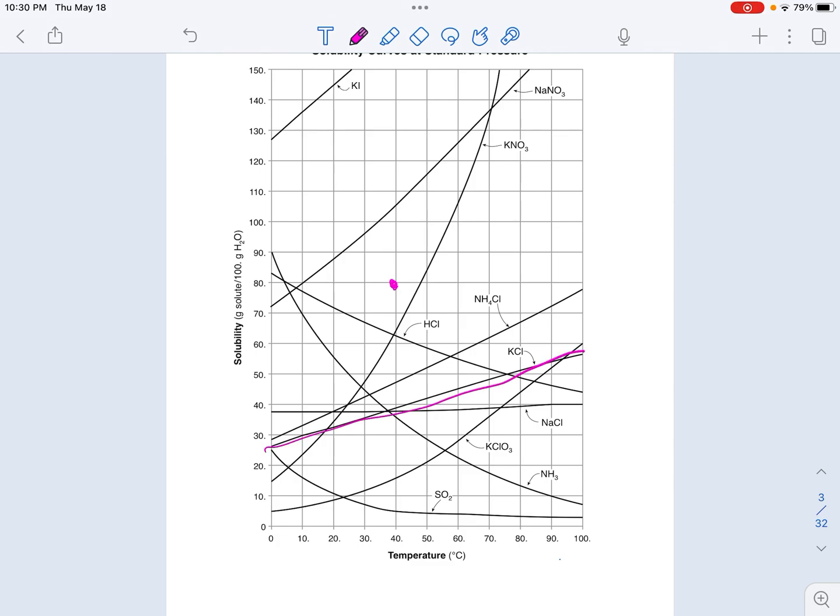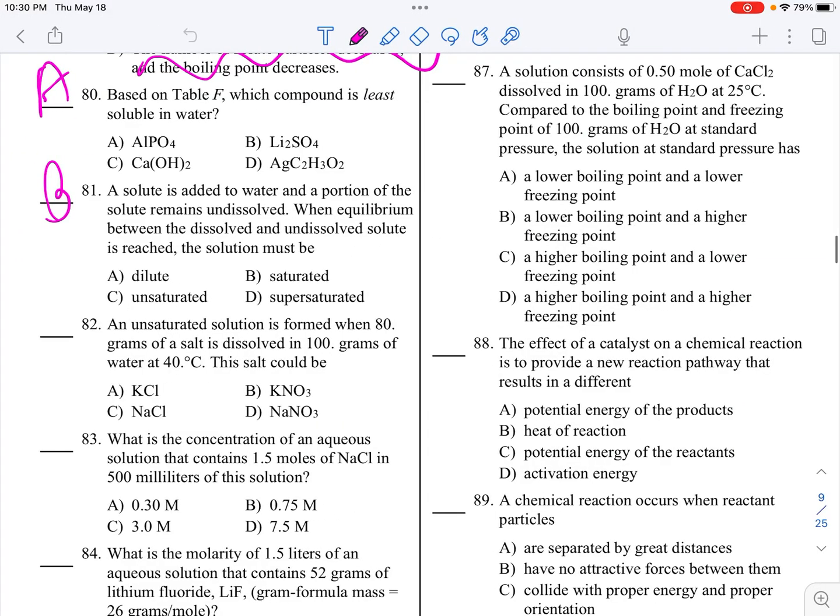That point is above the curve. Nope. KNO3 is here. That point's above the curve. Nope. NaCl is there, above the curve. Nope. NaNO3 is here. Oh, the point is below the curve, which means it would be unsaturated. So it has to be choice D for 82.